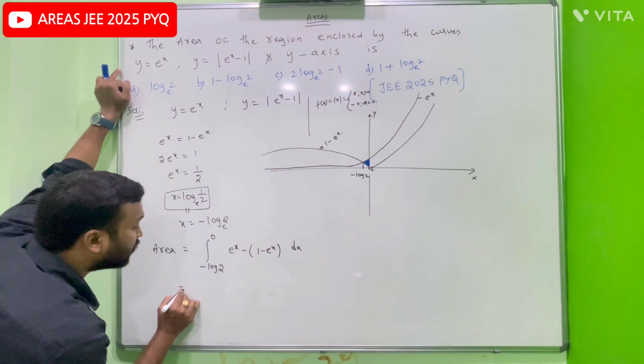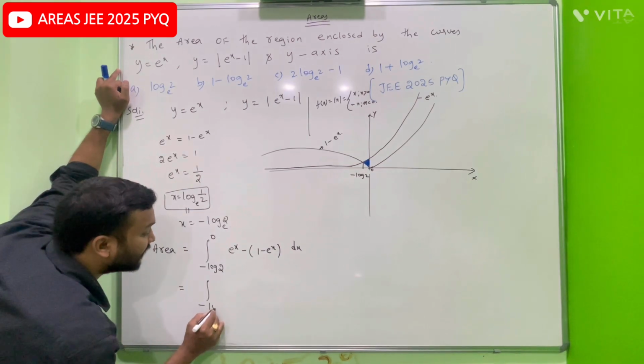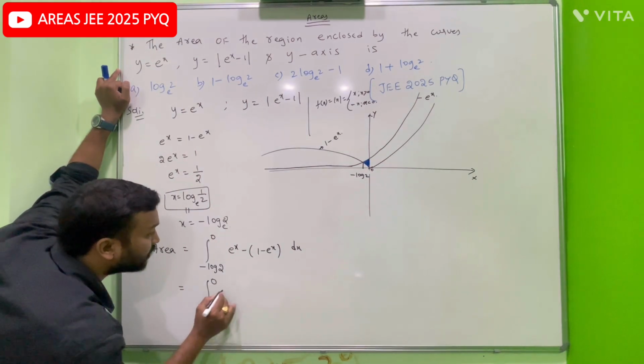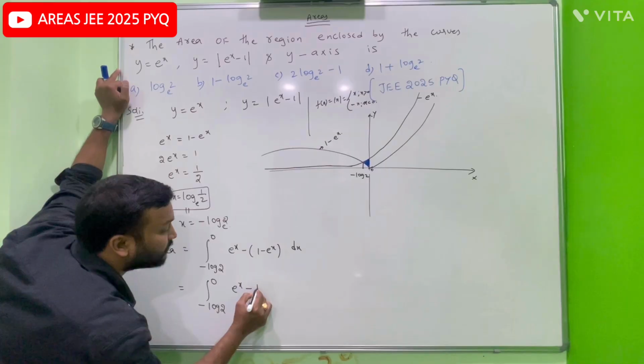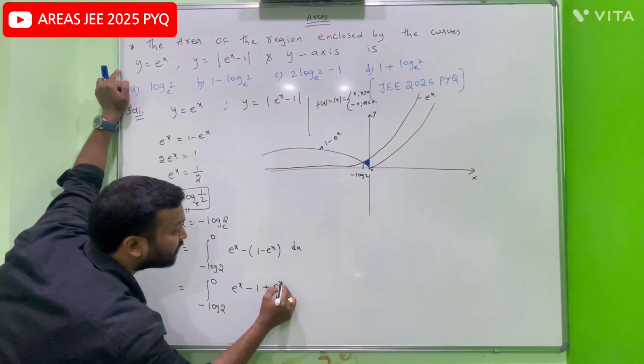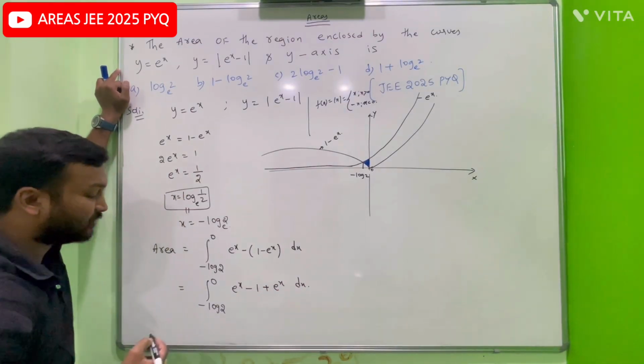Now that is equal to the integration from minus log 2 to 0 of e power x minus (1 minus e power x) with respect to dx.